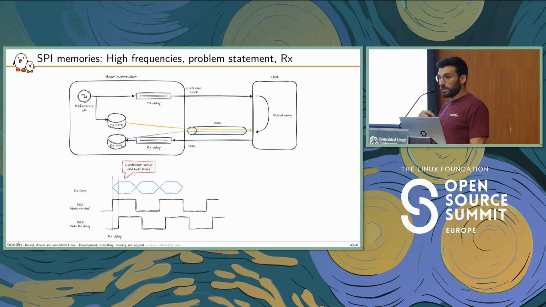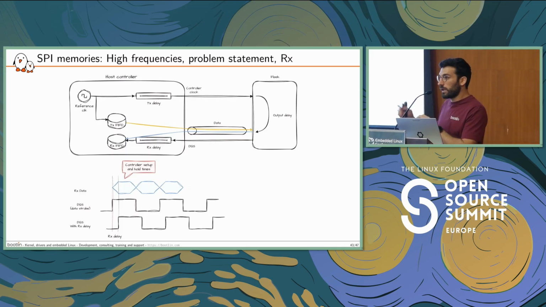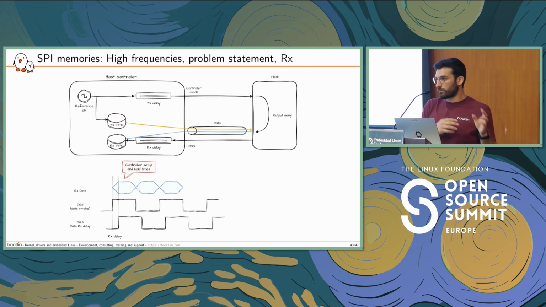On the read side, and by the way, even if you do a write operation, there will be basically reads and writes on every operation mostly, so they really matter all the time. When you read the data from the chip, the data is no longer synchronized with the reference clock of the controller, because there is an output delay in the flash itself.